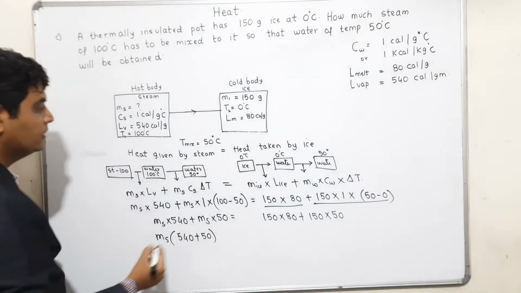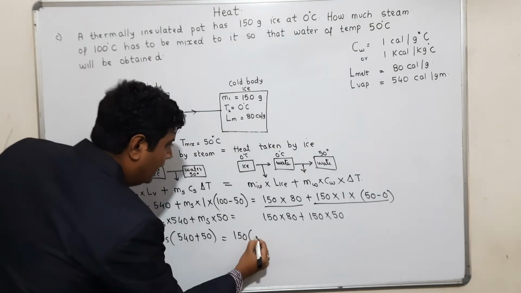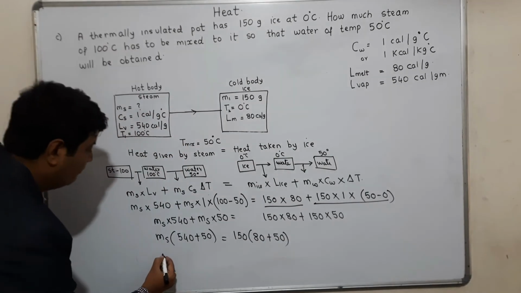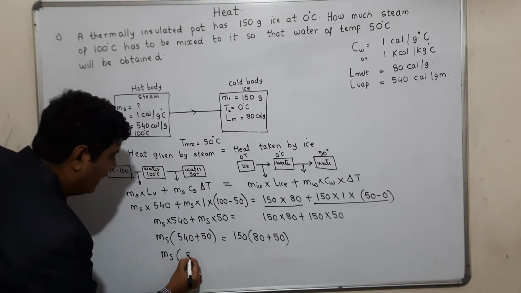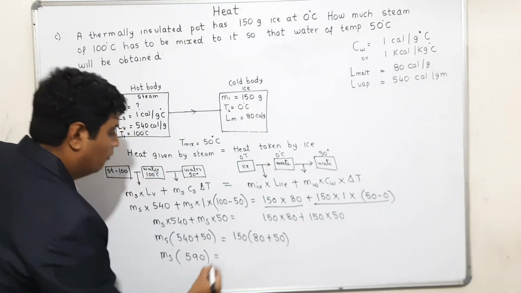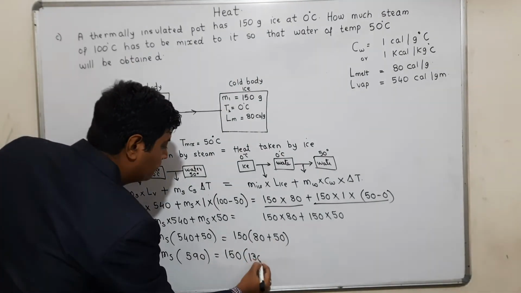And this is equal to, I will take 150 common, so it will be 80 plus 50. This becomes Ms into 590 is equal to 150 into 130.